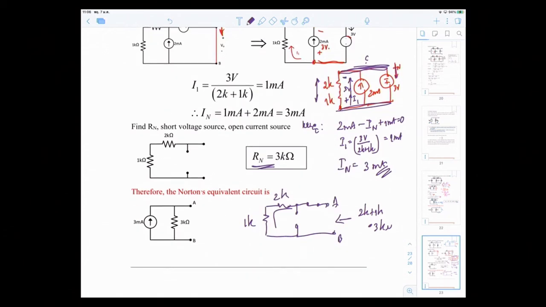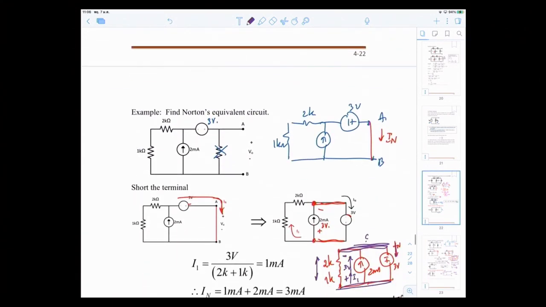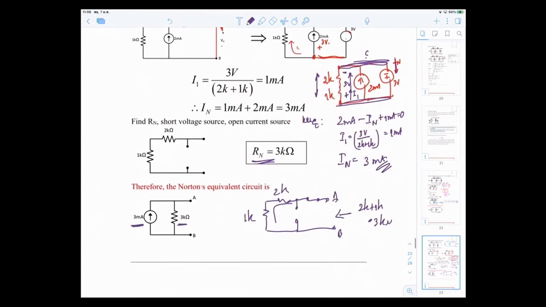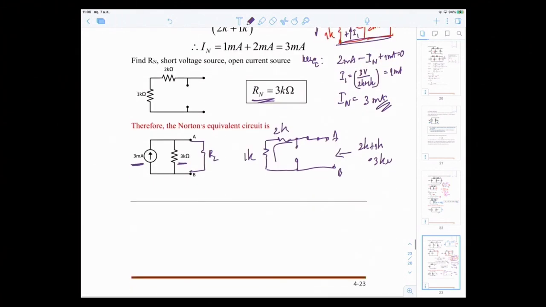So my Norton equivalent circuit consists of IN 3 milliamps, RN 3 kilo ohms. Did I remove anything out at the beginning? Let's call this RL. So therefore, RL reinserted. So this is your final Norton equivalent circuit. So therefore, this is Norton equivalence, Norton theorem.